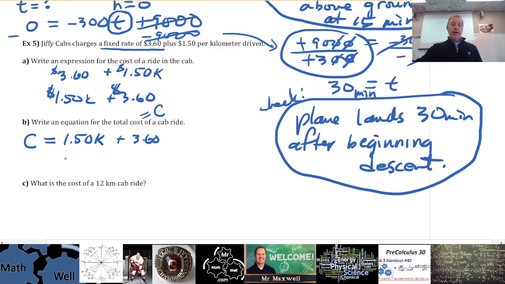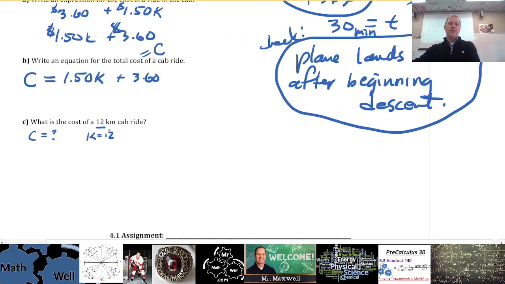Okay, all right. So what is the cost of a 12-kilometer cab ride? So I'm given 12 as the K. So K equals 12. I don't know what C is. That's the cost I'm trying to find. Couldn't be much simpler than that. I'm going to put 12 in for K, and then I'm going to find out what C is.